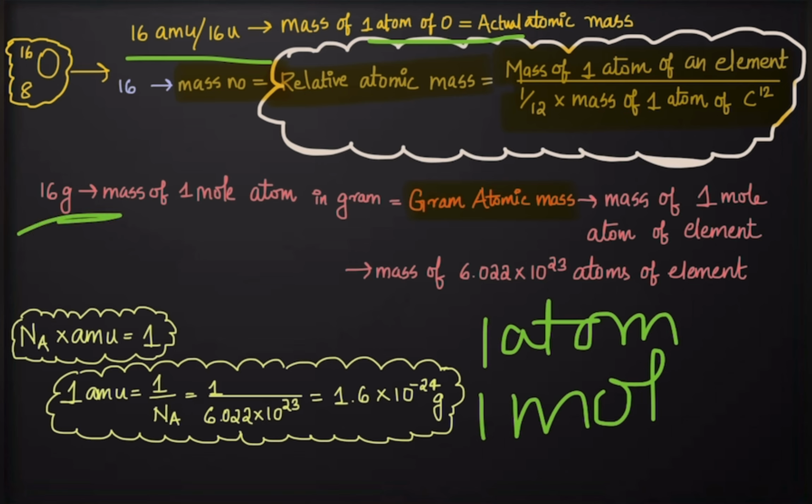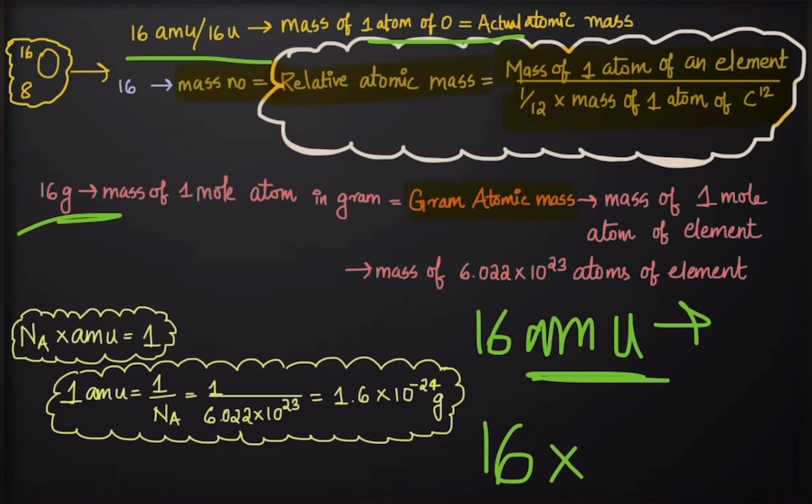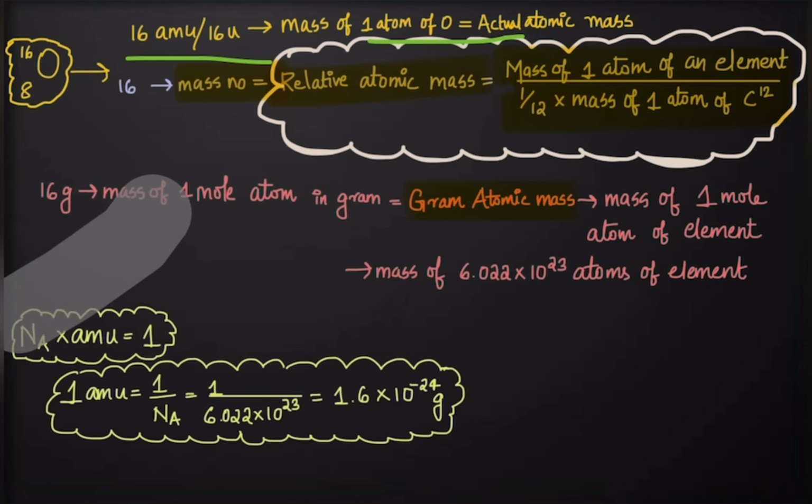Okay, 16 AMU or 16 U, convert it into gram: in place of 1 AMU, we can multiply by 1.6 into 10 raised to minus 24 gram, or 16 into 1.6 into 10 raised to minus 27 kilogram. Okay, the mass of one mole of atoms is equal to 16 gram. We don't have to multiply it with AMU or write things like that.